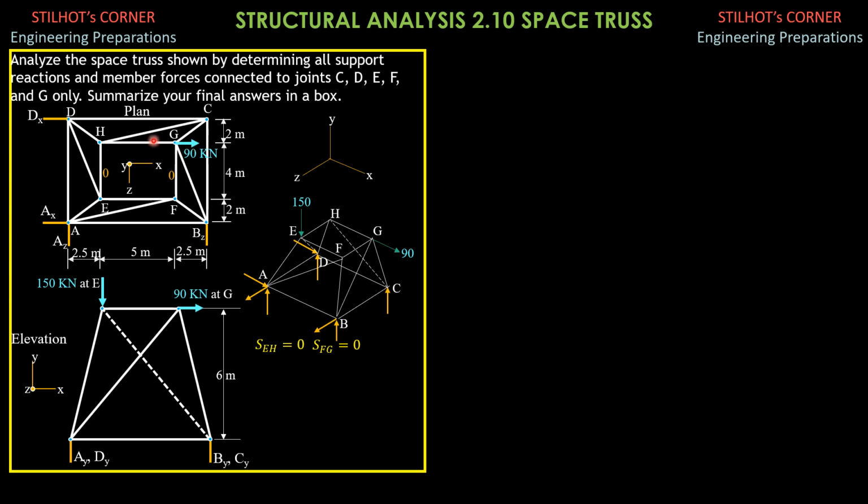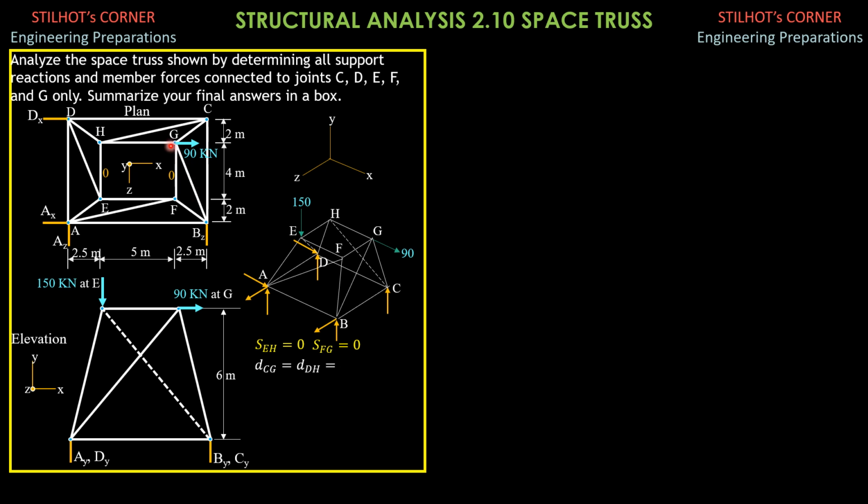If removed, imagine that there's no 90 kilonewton load and there's no HG. Since FG is 0, there will only be two unknown forces at G. And by principle again, the two unknown forces that are in equilibrium will be zeros. But we will prove that by setting up equations of statics at G.